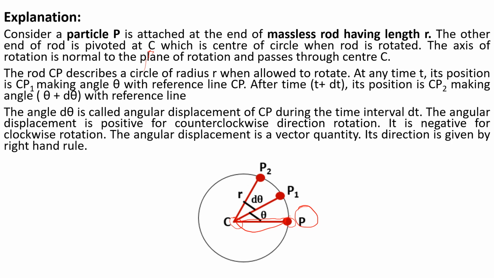The axis of rotation is normal to the plane of rotation and passes through the center C. Now, the rod CP describes a circle of radius r when allowed to rotate. At any time, its position is CP1, making an angle theta with the reference line CP. This is our reference line CP.